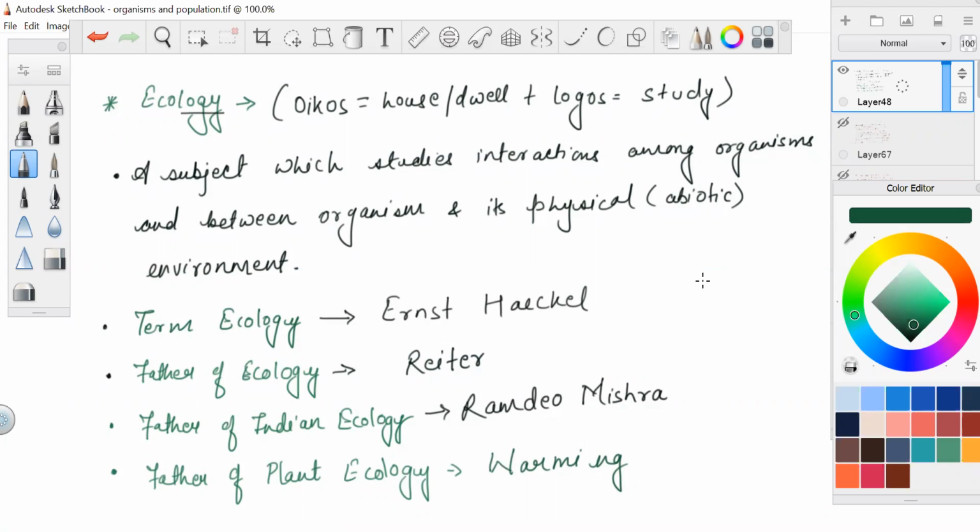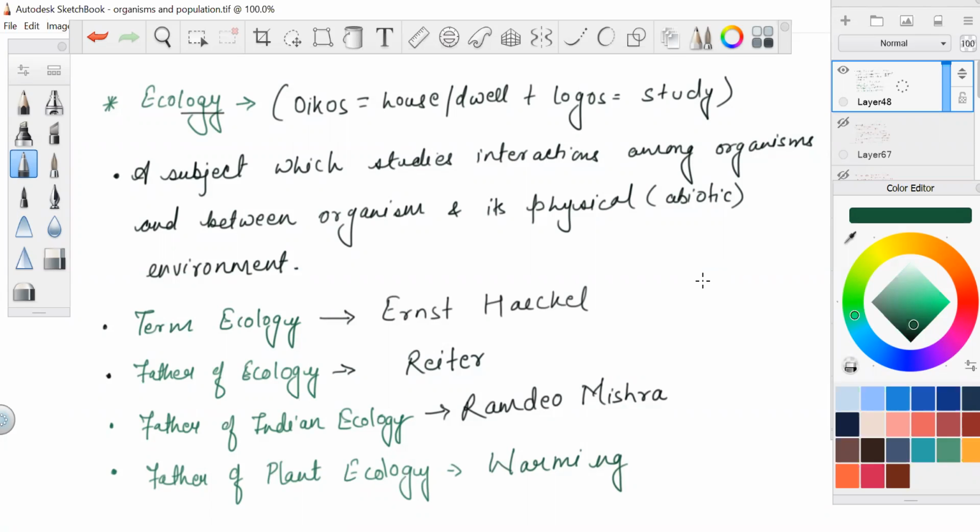In the previous class, in the beginning class of organism and population, first we saw levels of organization. All of you remember that? Ecology basically is concerned with four levels of biological organization.